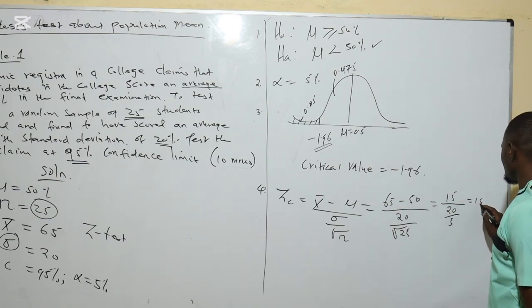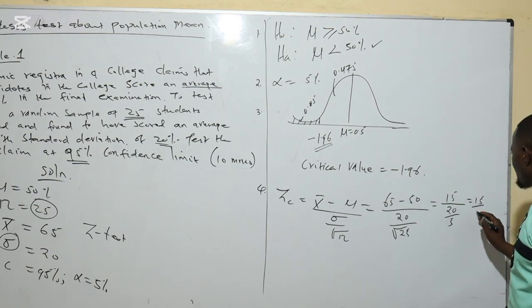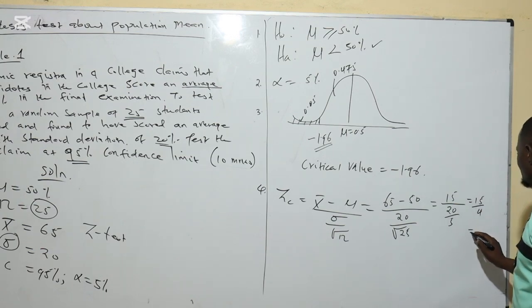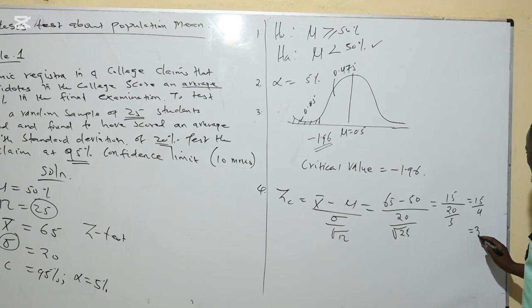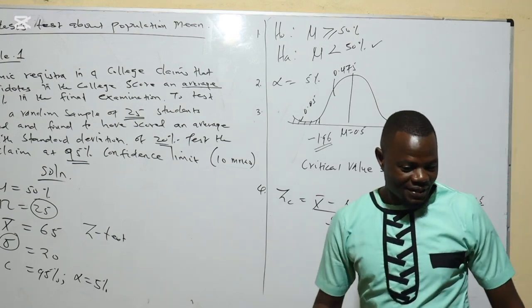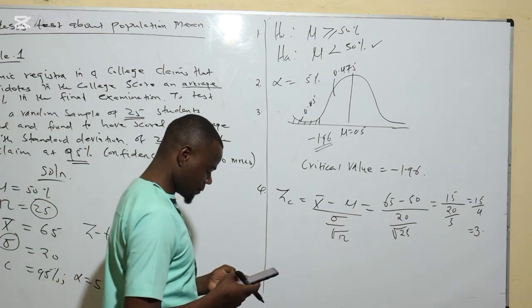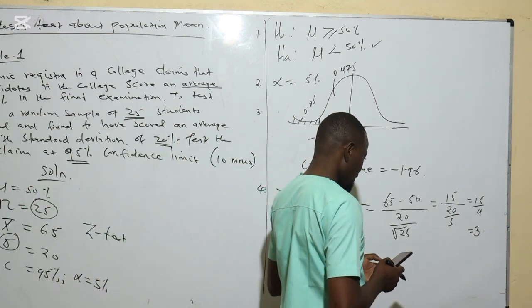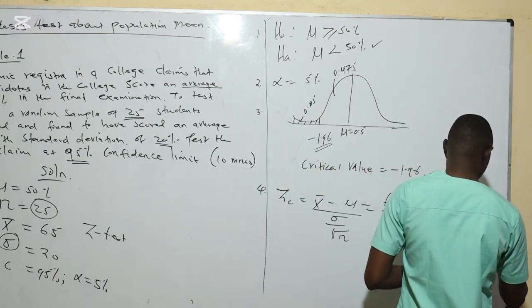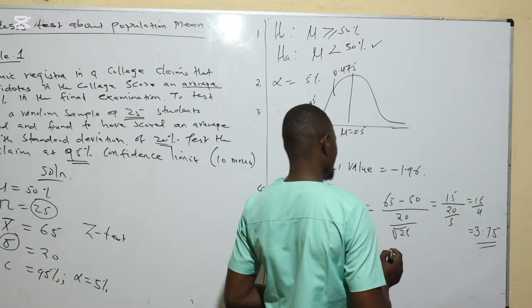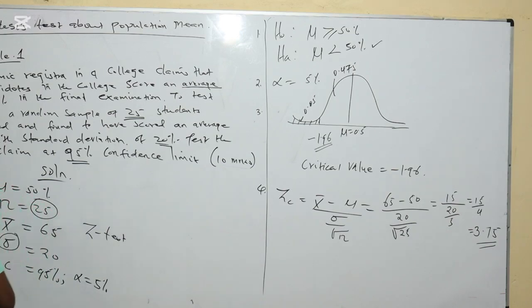So you have 15 over 4. 15 over 4 is the same as what? 3 point what? Let's confirm. 15 divided by 4 is 3.75.